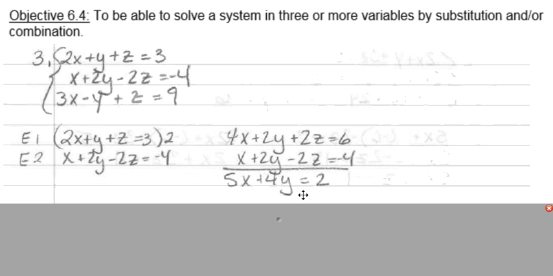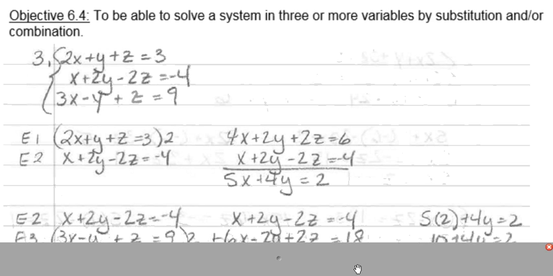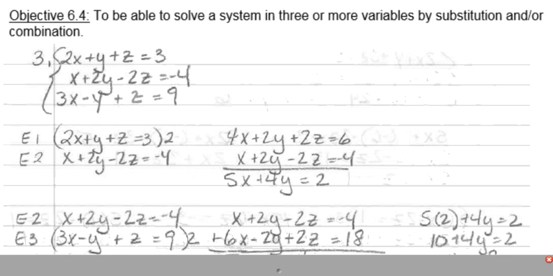So I want to repeat that process again using two other equations where I could eliminate the z's. So this time, let's use the second and third equation and eliminate the z's. So again, if I have a negative 2z here, I would need a positive 2z to make that happen. So if I take that second equation and multiply everything by 2, I would then have 6x minus 2y plus 2z equals 18.